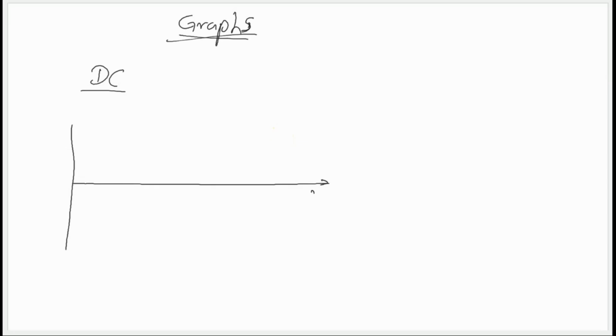Here you will have rotations, and then here you're going to have your V, that is induced EMF. Yes, so here you're going to have your V max, and then you're going to have your V minimum. So that is the minimum when you go to the bottom.